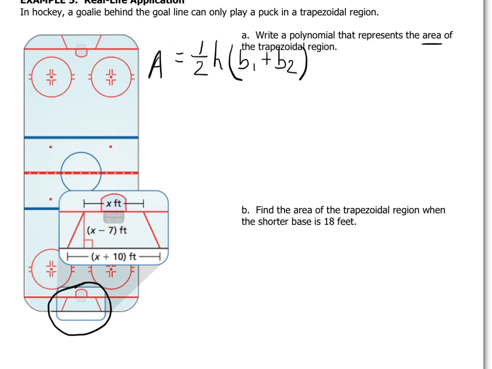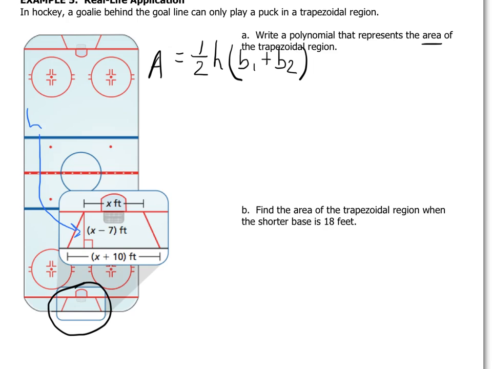The height, remember, is always the altitude, the line that comes down and creates the 90-degree right angle to one of the bases. It is not necessarily going to be one of the sides. In this case, you can actually see how the height is the piece that's coming in right here, which is making the 90-degree right angle with that lower base, which is x minus 7.